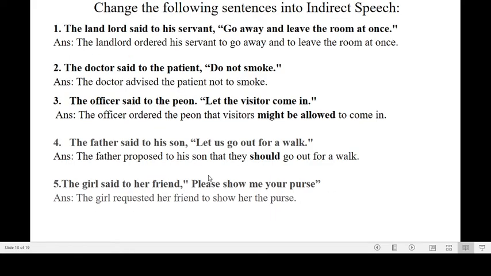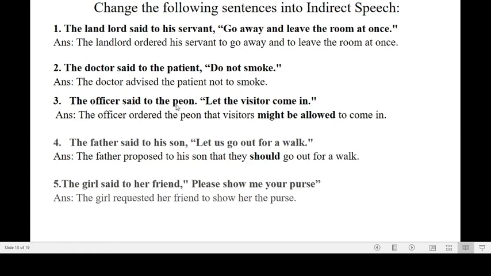In the same way, you look at all these imperative sentences which are changed into indirect speech. We will look at the first example. The landlord said to his servant, "Go away and leave the room at once." So it is an imperative sentence, and the landlord is commanding his servant, is ordering his servant. So we say the landlord ordered his servant to go away and to leave the room at once.